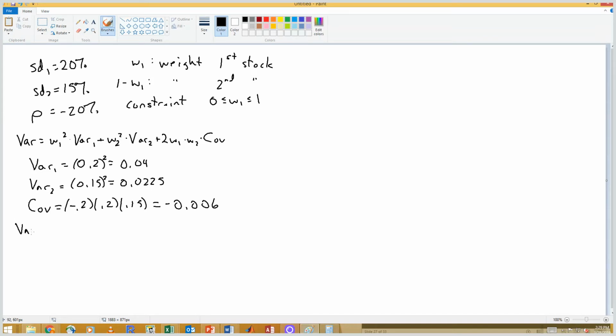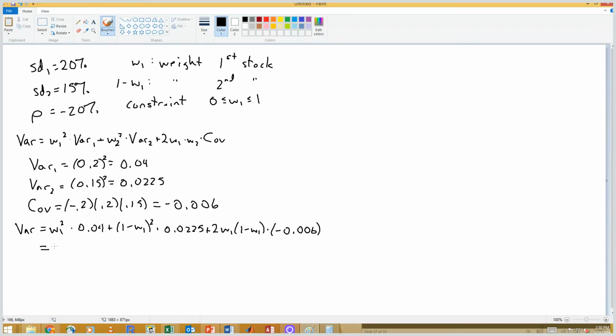All right, and we substitute into our variance equation. So variance equals W1 squared times 0.04 plus 1 minus W1 squared, that's the second weight, times 0.0225 plus 2W1 times 1 minus W1 times the covariance, which is negative 0.006. All right, so let's simplify this a little bit.